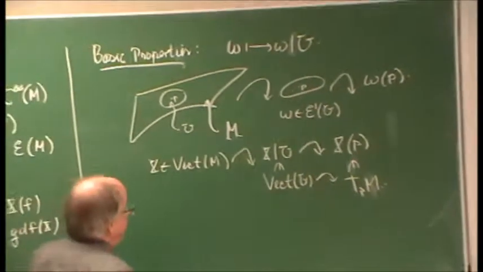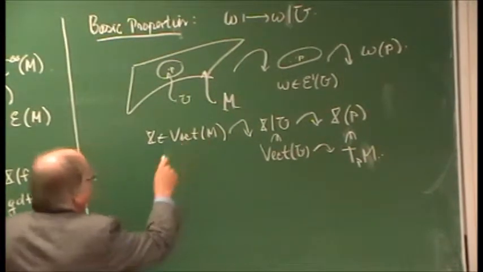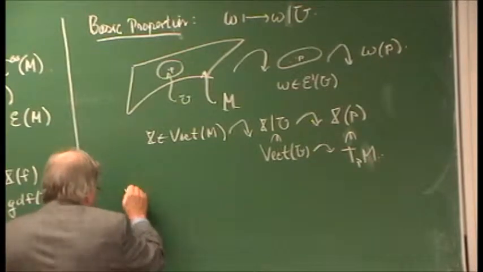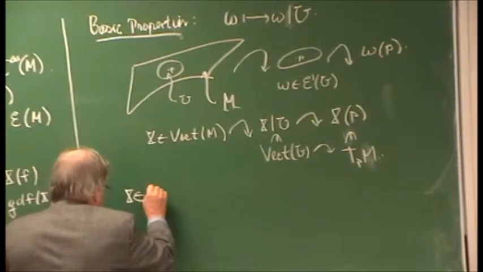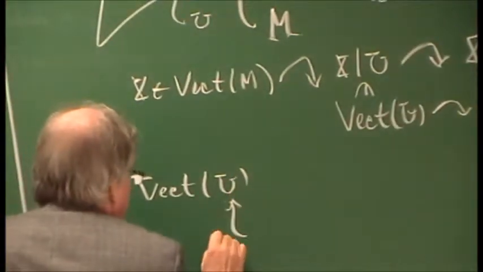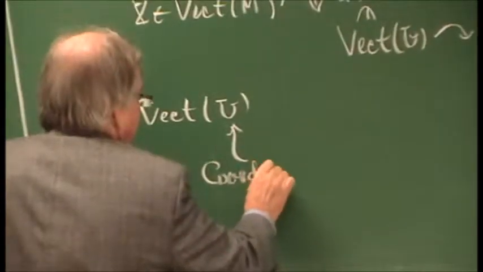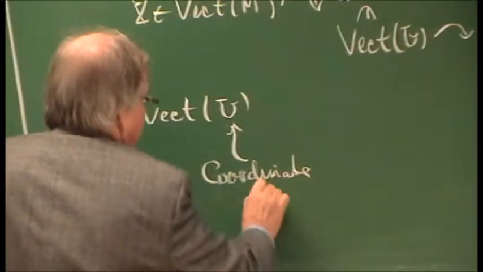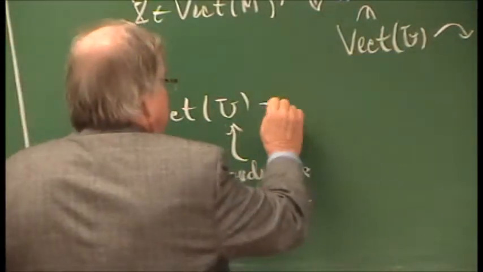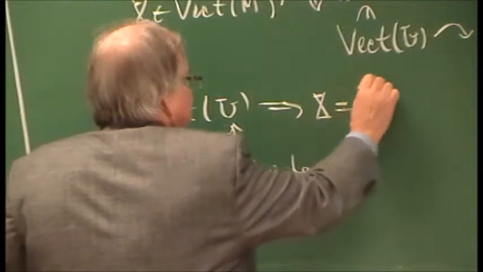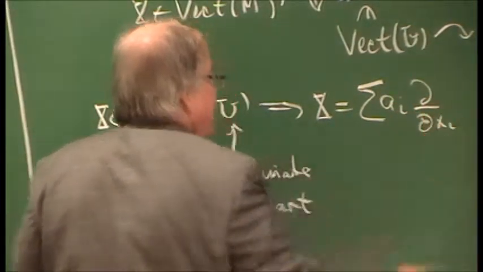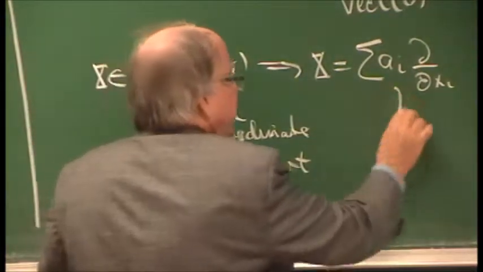And this is a simple matter, and you can really just check it also for one forms. If X is a vector field on an open set, let's say, and this is a coordinate chart, then you've got coordinates, let's say x_i, that means that X is some a_i d/dx_i, I've said this 100 times, where these a_i are functions.